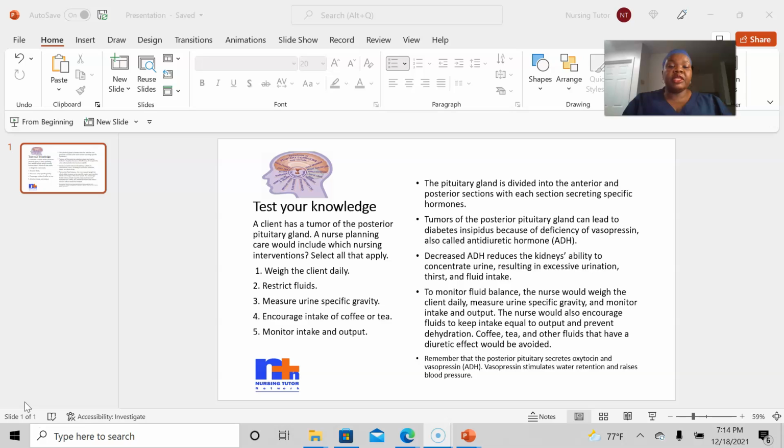The other name for the antidiuretic hormone is vasopressin. A decrease in vasopressin or antidiuretic hormone can reduce the kidney's ability to concentrate urine, and this may result in excessive urination, thirst, and also need for increased fluid intake.